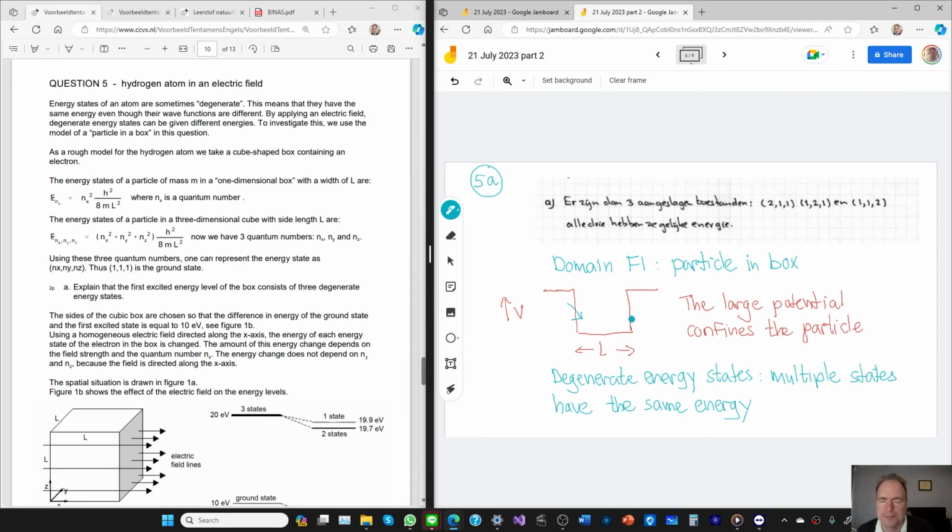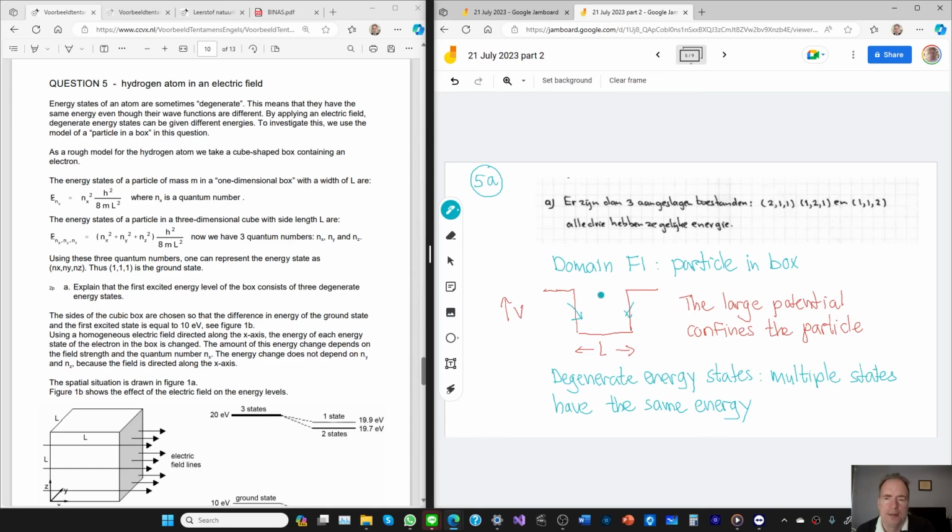And here, a restoring force to the left. So the particle is confined by this force. And in quantum mechanics, of course, it works a little bit differently, but it is the basic idea. So a large potential here confines the particle within this well.